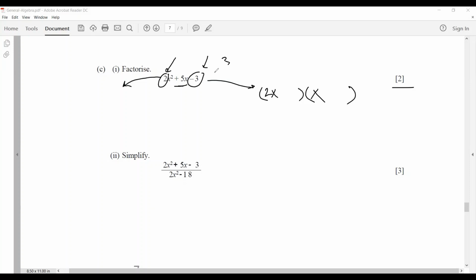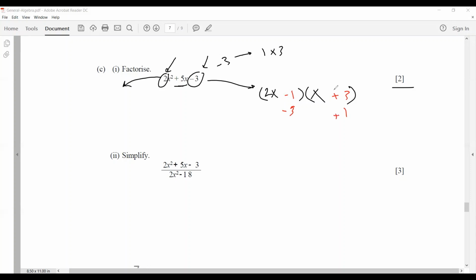So 3, negative 3, the only way I can get 3, because it's a prime as well, is 1 and 3. So one of them must be negative, of course. So it's either negative 1 and positive 3 here, or the 3 should be here and 1 should be there. And this should be plus minus, of course.